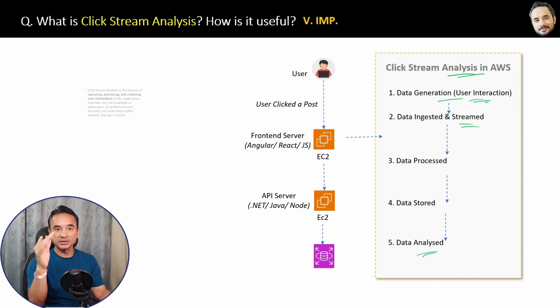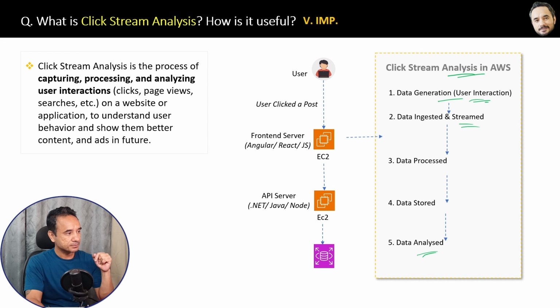But before that, here is the simple definition. Click stream analysis is the process of capturing, processing, and analyzing user interaction on a website or application to understand user behavior and show them better content and ads in future. Both this diagram and definition will help you in revising from the book later.